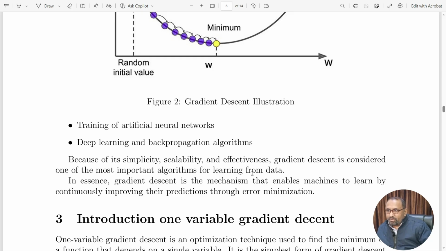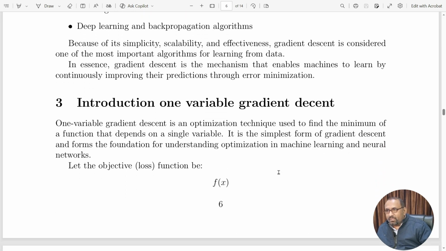Okay, so here we are going to start with one variable gradient descent, then we will talk about two variable, three variable, and n variable. One variable gradient descent is an optimization technique used to find the minimum of a function that depends on a single variable.